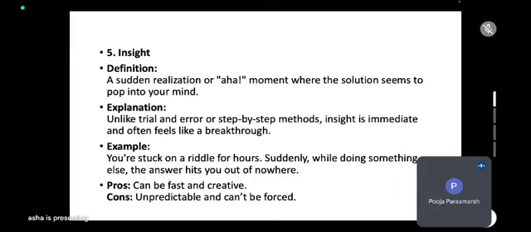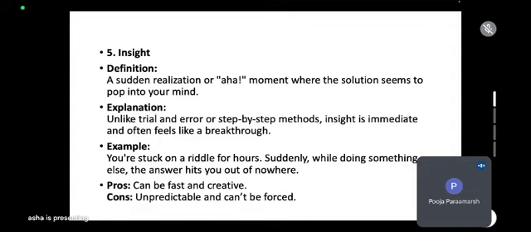Where did I keep the key? While working in the kitchen, probably for some time I would have come away from that thought. And when I'm eating, suddenly it pops into my mind that, oh, I have kept it near this particular thing. Those are the insights, those are the moments.